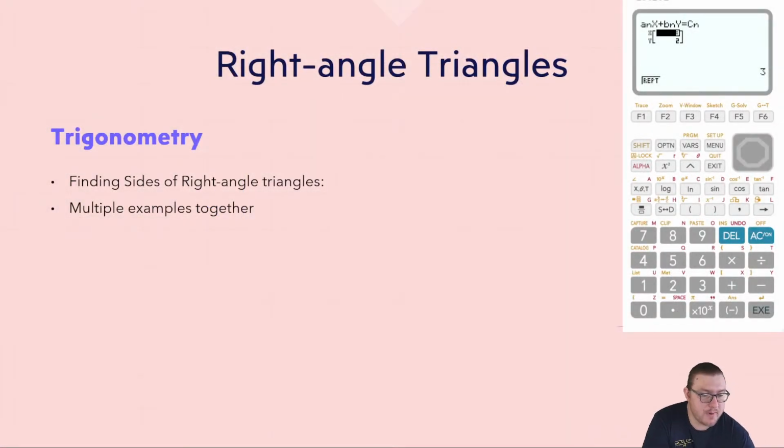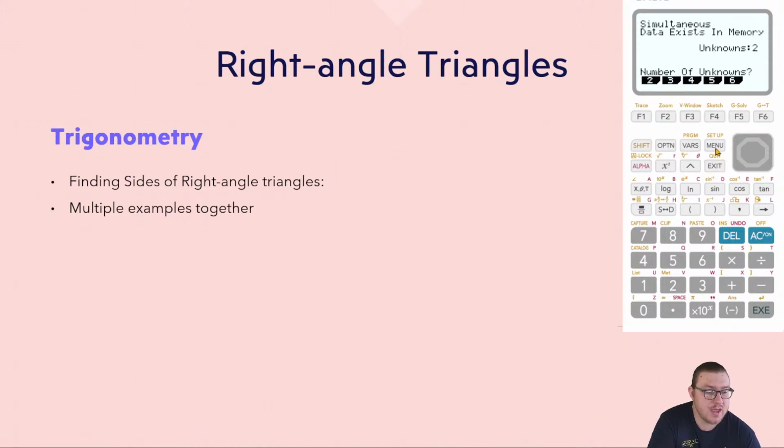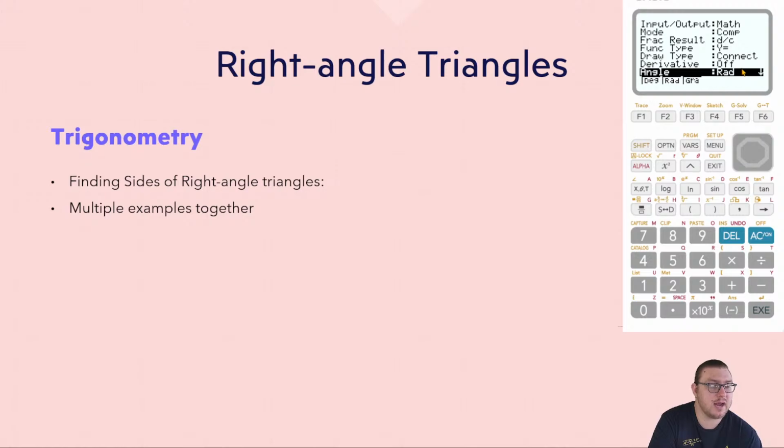Just a quick reminder on how to make sure your calculator is in degrees, because you will get every single question wrong in trigonometry if you don't have this. You want to go to options, shift setup, shift menu for the setup. Now you scroll down and you're looking for angle, and you want to make sure that this says degree.